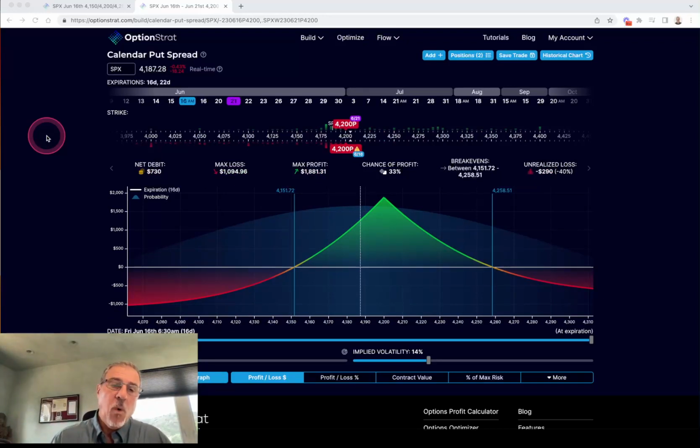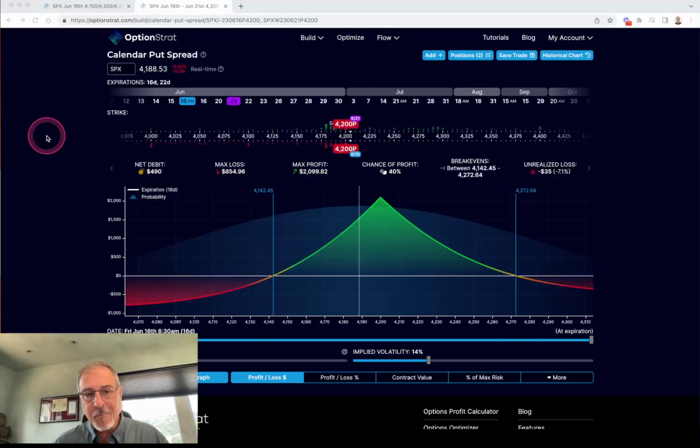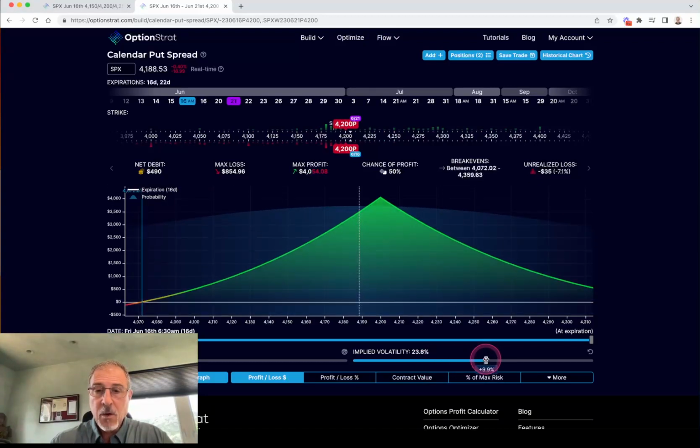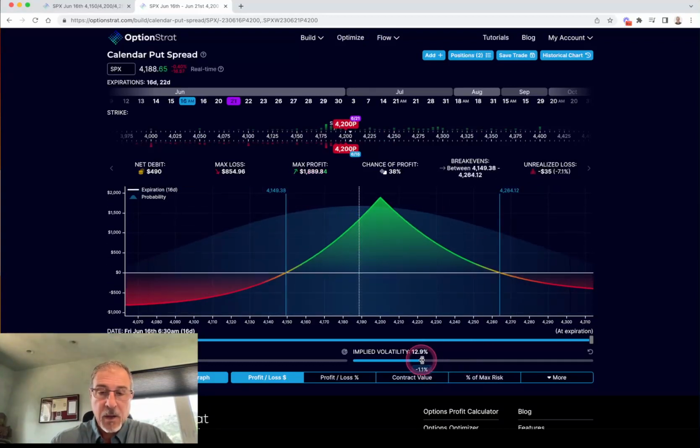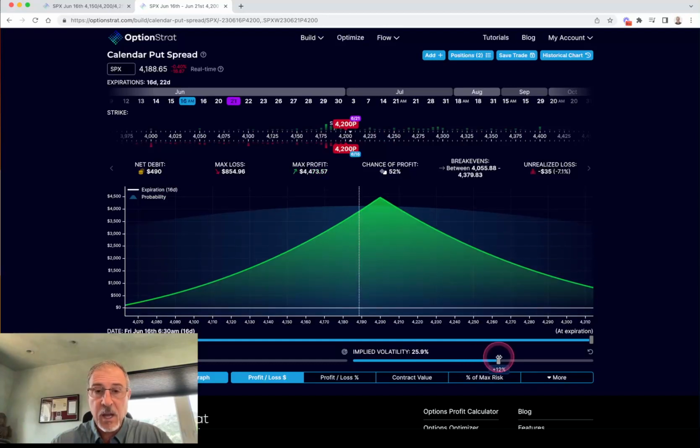But what those different volatility models and options pricing models are based on is, if we show a shift in volatility here, we move volatility up or we move volatility down. I mean, if you're doing this, it looks like a no-brainer. Gee, it must be positive vega, because if volatility goes up, this thing gets way more profitable. It peaks up at about 4,000 and my tent gets much, much wider.